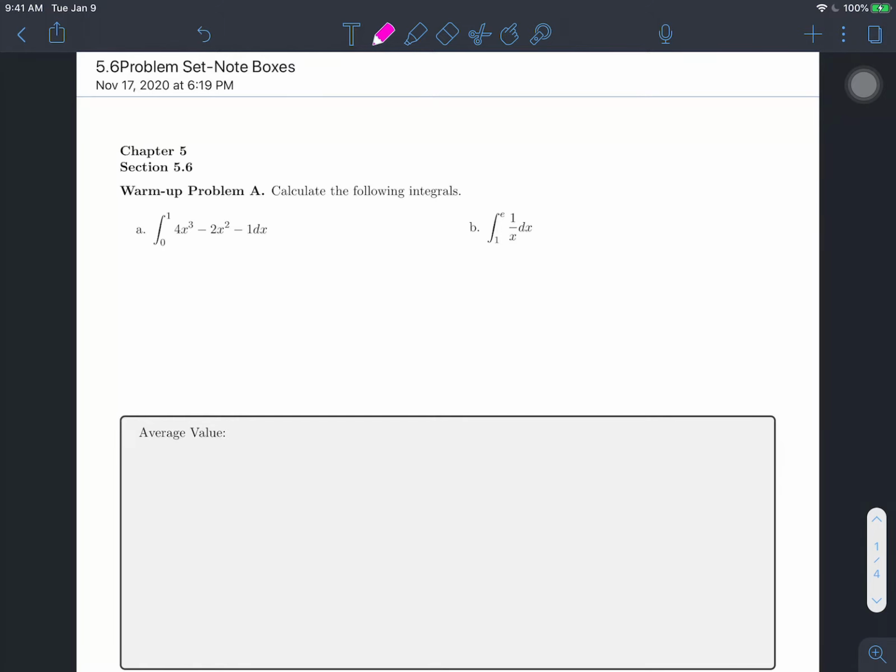Then today we're going to talk about average value. It's probably going to be basically the last thing we learn in this class. We're going to spend today and hopefully Friday as well on this, and we'll see, I might incorporate one more topic. Haven't decided yet.